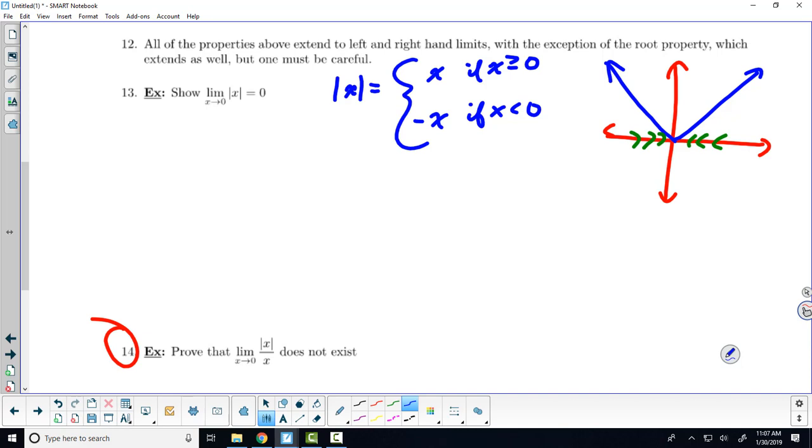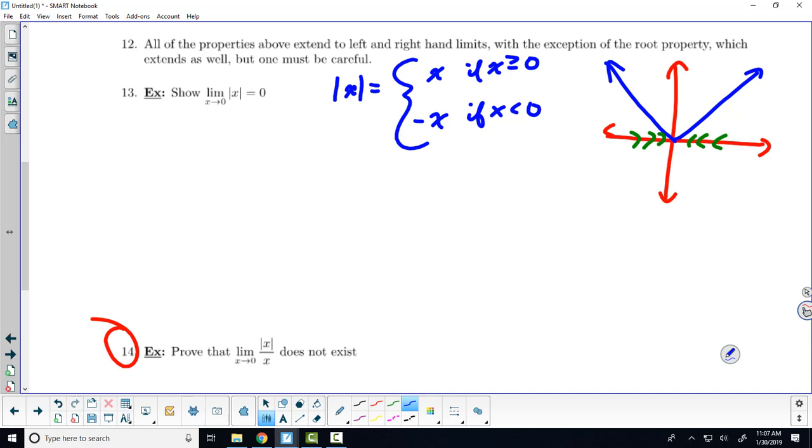If the number is negative, change the sign on it. So, remember we said before that one way to show that the limit is a number is to find the left-hand limit, evaluate it, find the right-hand limit, and evaluate it. I cannot use the direct substitution property on this because it's not a polynomial or rational function, which is why we have to do it this way.